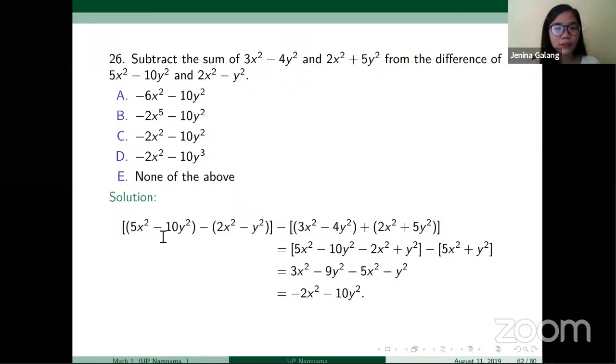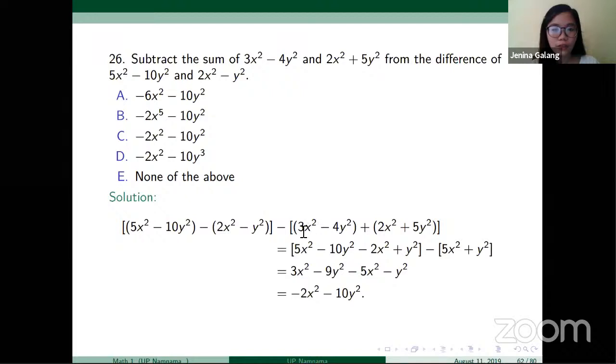So, 5x squared minus 10y squared minus 2x squared minus y squared. And subtract natin to. We have this. So, combine like terms ulit. Distribute nyo muna tong negative sign. So, we have negative 2x squared plus y squared.